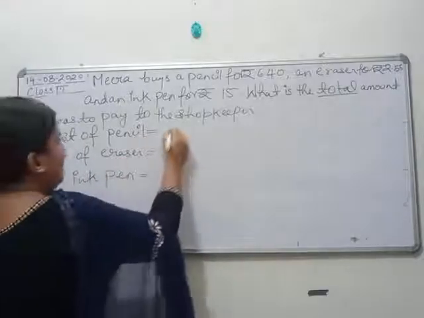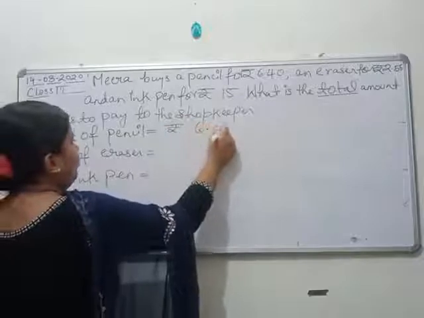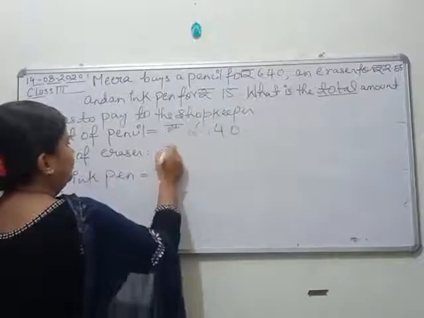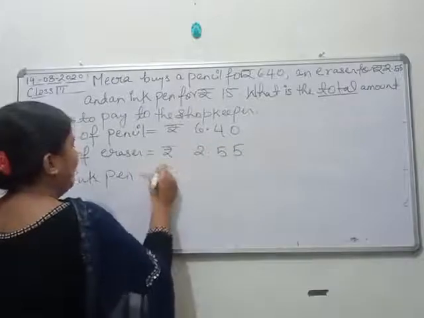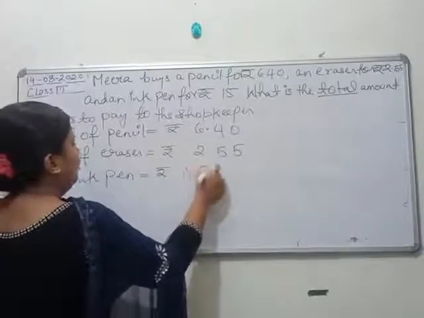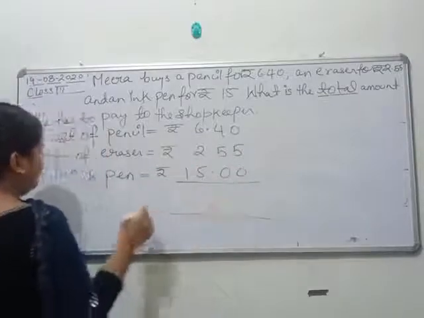Let us write the amounts: 6.40, 2.55 and 15 rupees 00 paise.